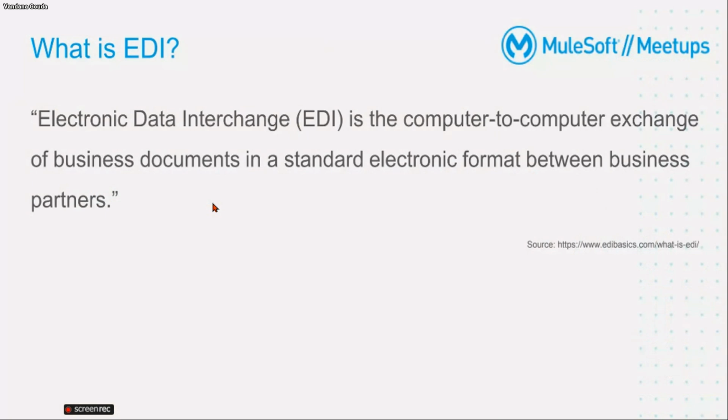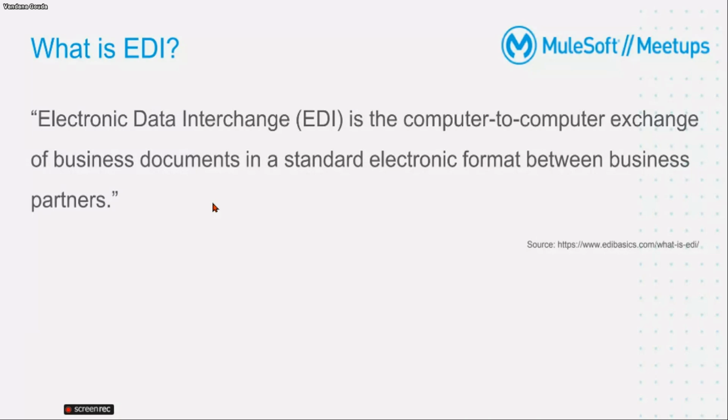By using B2B EDI, we can eliminate manual work and avoid human errors. We can also handle a very large volume of transactions within a short period of time. Also, some sensitive information we can't disclose to others, so in that case we use B2B EDI.